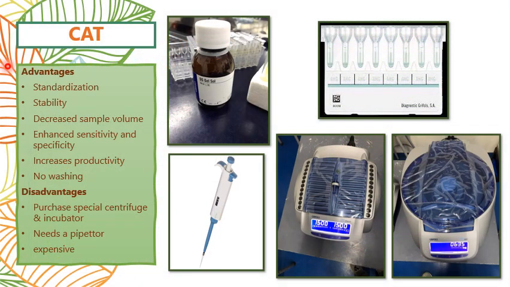The advantages of CAT: first is standardization. There is standardization in reading, grading, and interpretation because gel techniques require no tube shaking or dislodging of the cell button. Tube shaking depends on how the medtech does it.